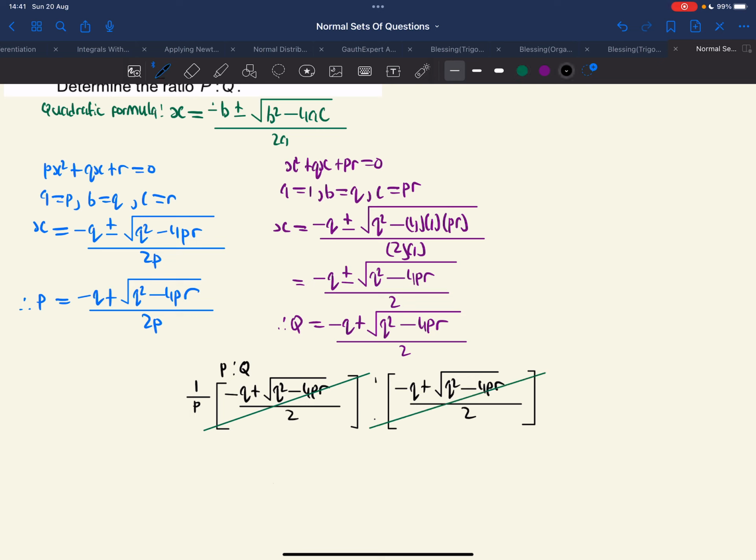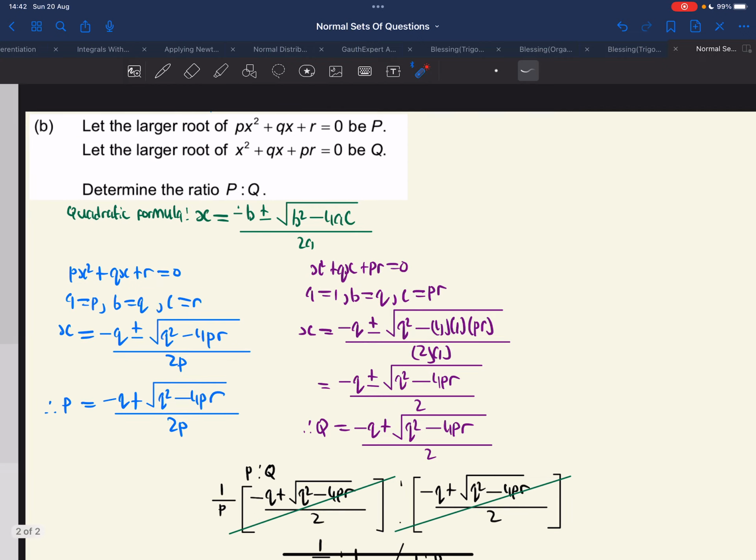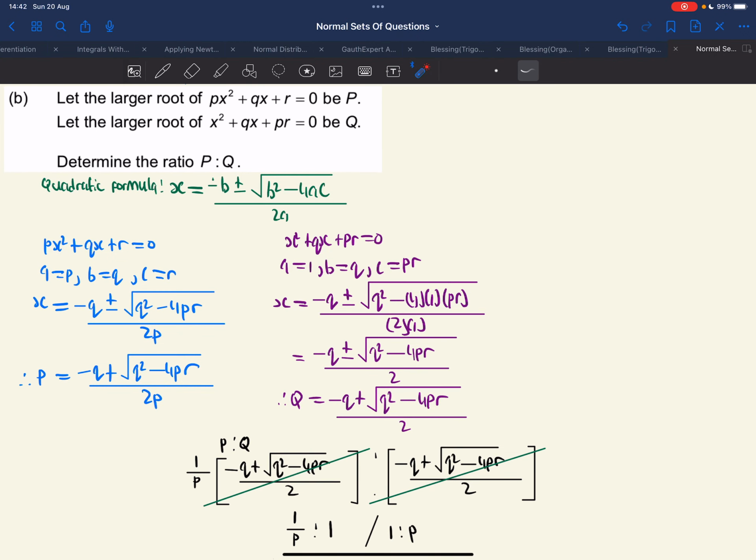If you do cancel them out, you should get a ratio of 1 over p to 1, or you can multiply both sides by p, and then you should get an answer which is 1 to p. So you can either give the answer as 1 over p to 1 or 1 to p, and that's how you could have solved that question, right?